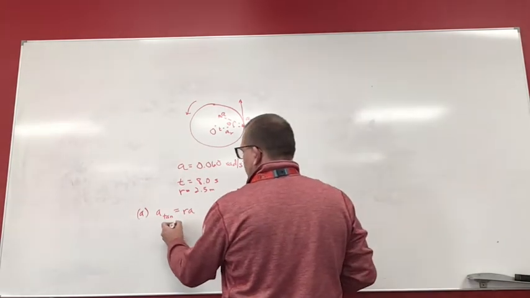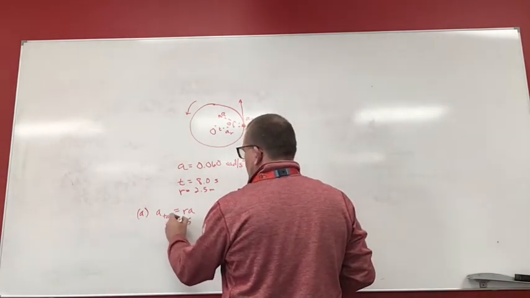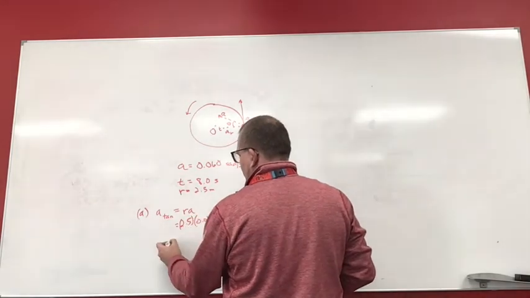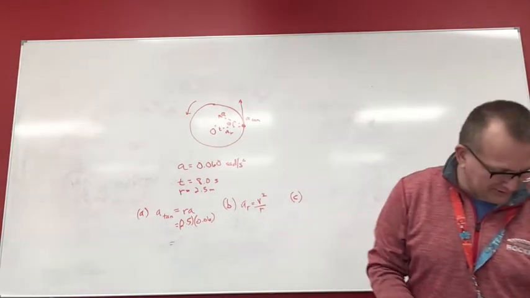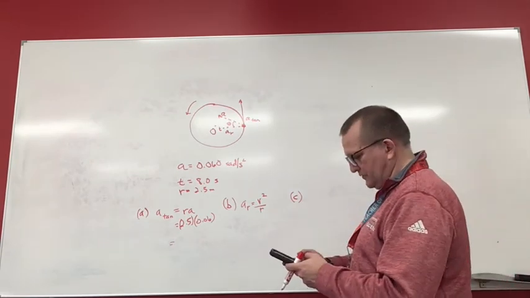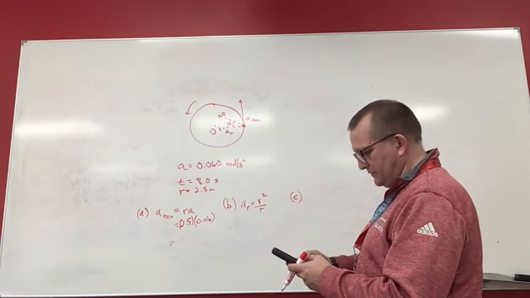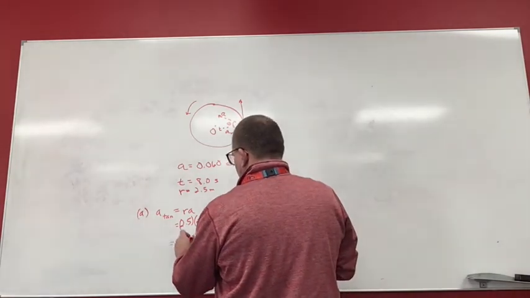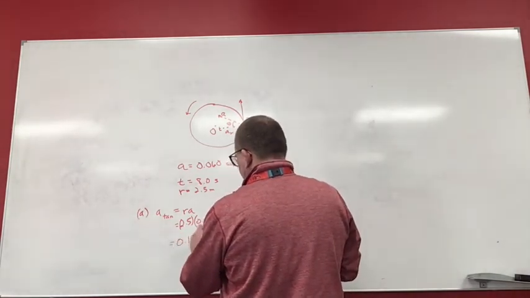So if I take 2.5 times 0.06, that would be my tangential acceleration: 0.15 meters per second squared.